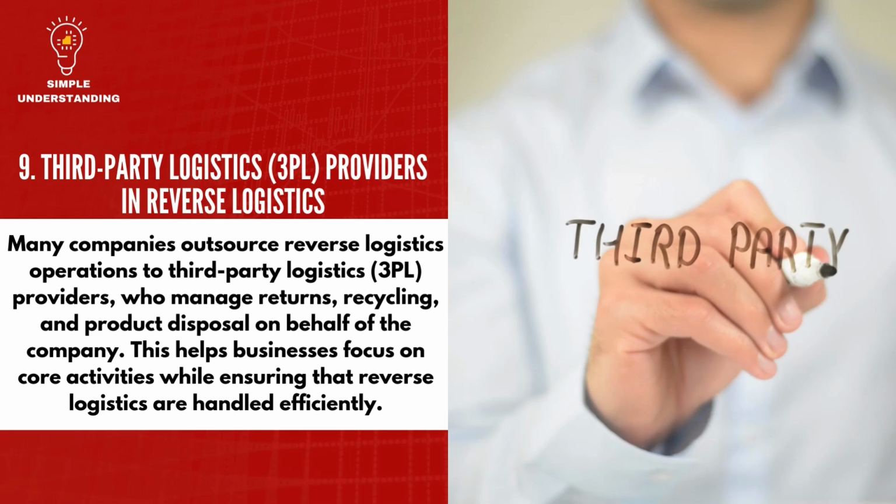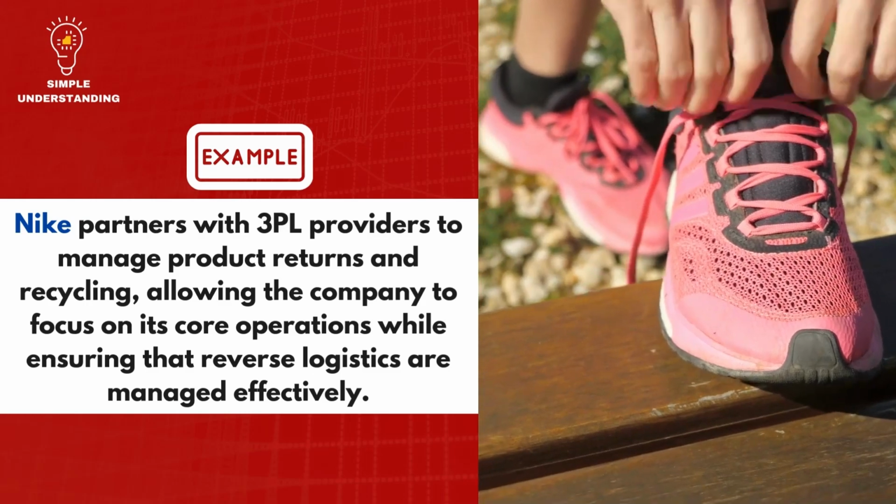Explanation. Many companies outsource reverse logistics operations to third-party logistics, 3PL, providers who manage returns, recycling, and product disposal on behalf of the company. This helps businesses focus on core activities while ensuring that reverse logistics are handled efficiently. Real company example.